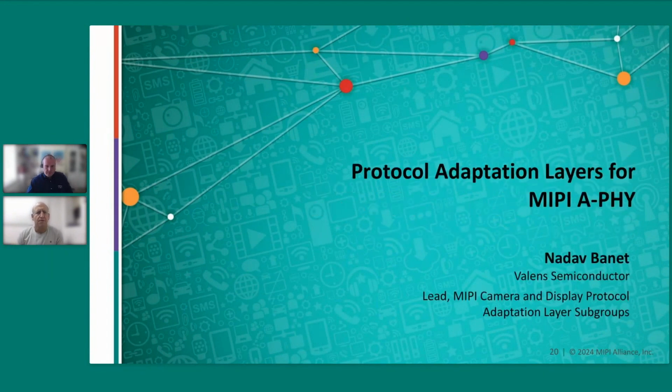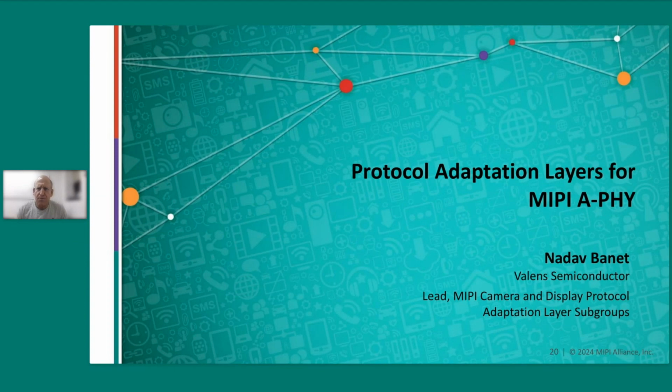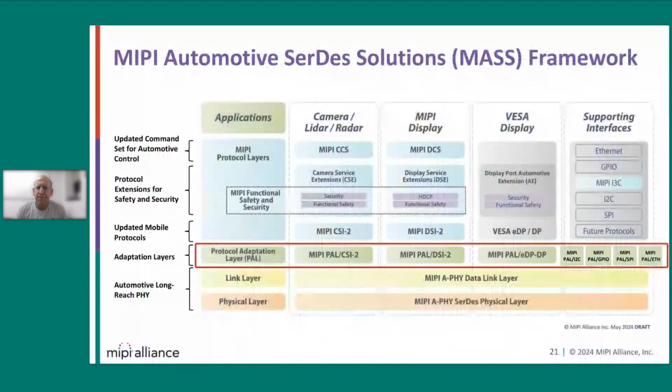Thank you, Ian, for the introduction, and hello, everybody. So the second part topic is the protocol adaptation layer for MIPI A-PHY. If you remember from the previous section, we are discussing this figure, and we are concentrating on the red box in the middle there, which is titled adaptation layer.